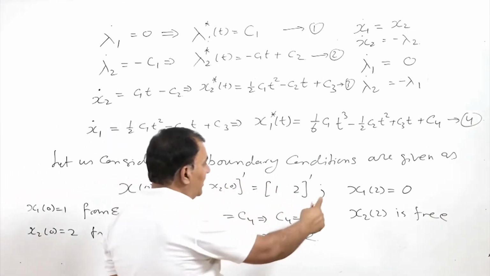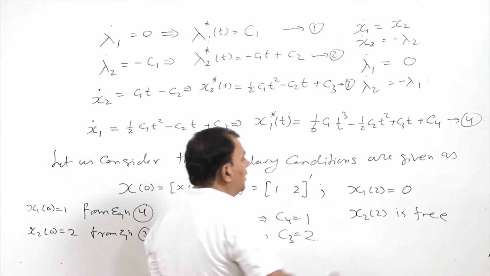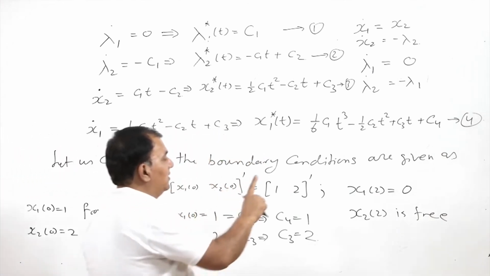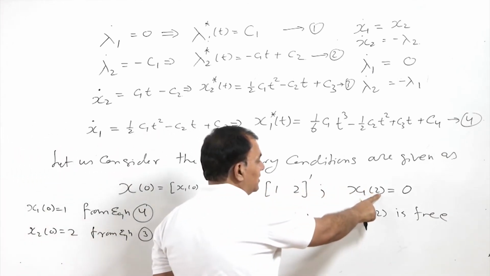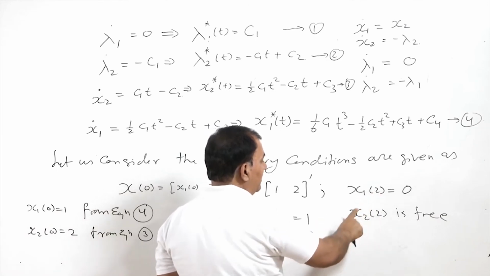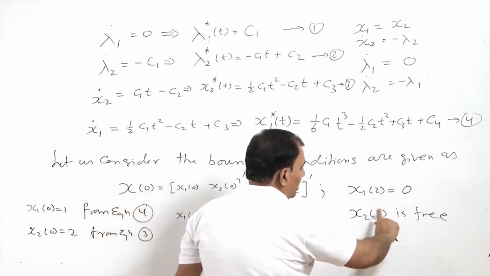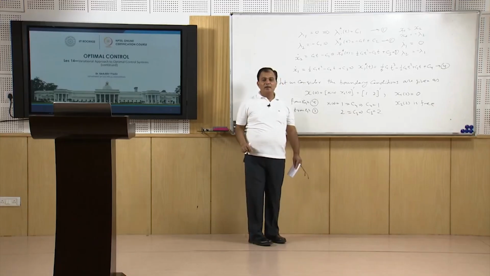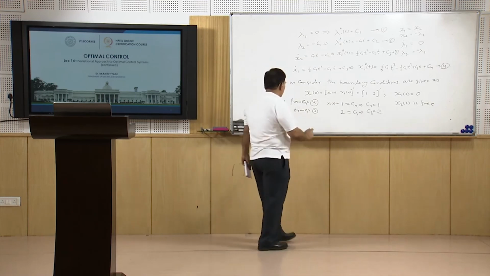Now, my another condition here is x1(2) equal to 0, meaning Tf is fixed. For x1 again a fixed condition is given, x1(2) equal to 0.